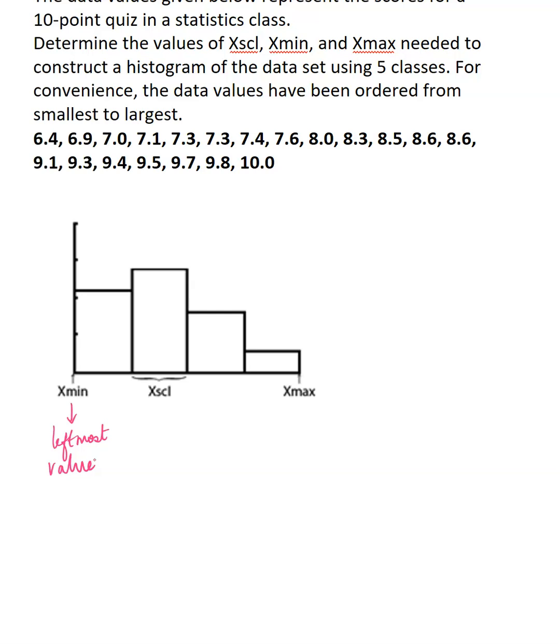And the leftmost value is usually represented by the leftmost bar. Right? Meaning that will be your first class. And Xmax will be the rightmost value. And that's represented by your rightmost bar, or the last class.